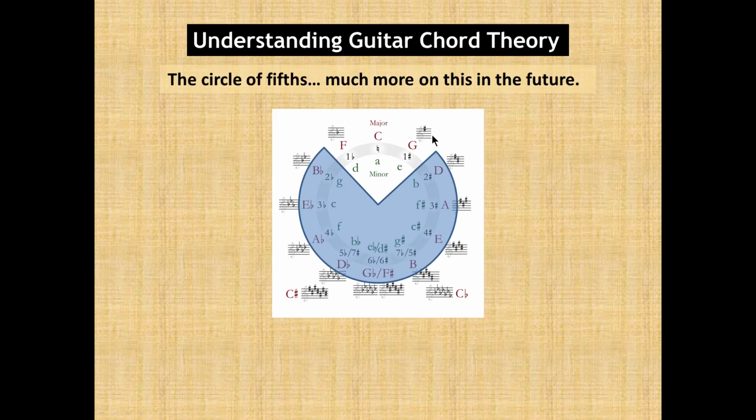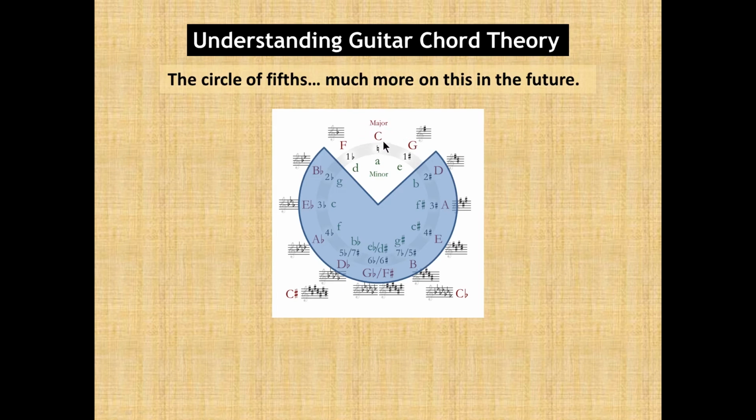And as you go around this circle of fifths, which we'll talk about, you're going to find the various keys and the key signatures that go with them. But what I've done for this lesson is to show you that the circle of fifths can be a great reference for the common chord progressions.